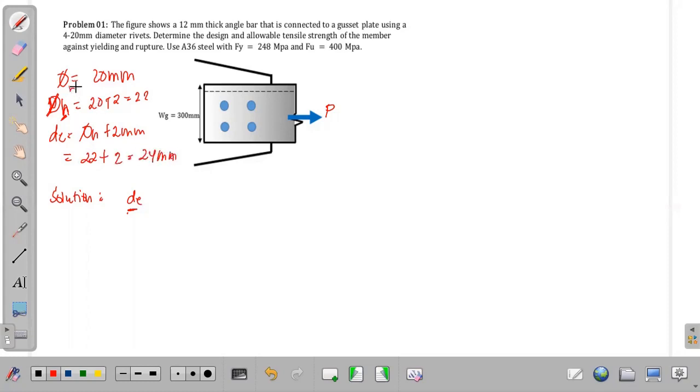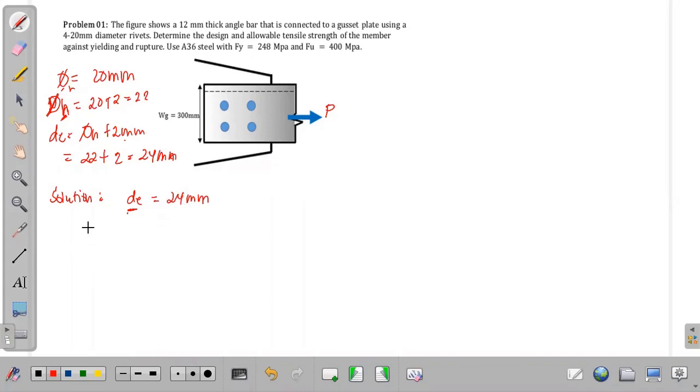Or you can directly add the diameter of rivet or bolt plus 4 mm, since ang given na diameter ng rivet natin is less than 24. Okay? So plus 5 pag more than 24. So our effective hole diameter is equal to 24 mm.